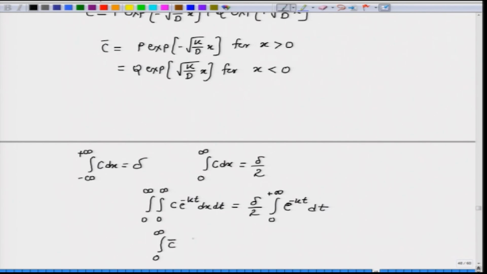So, that should be integral C bar dx is equal to delta by 2, e to power minus infinity is 0 and e to power 0 is 1, and there will be a factor of minus 1 by k. So, this will be delta by 2k.